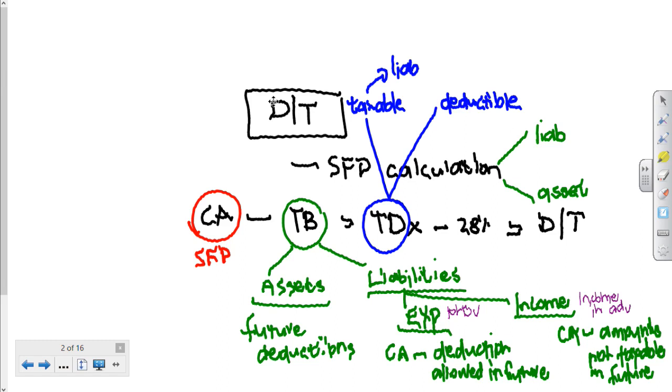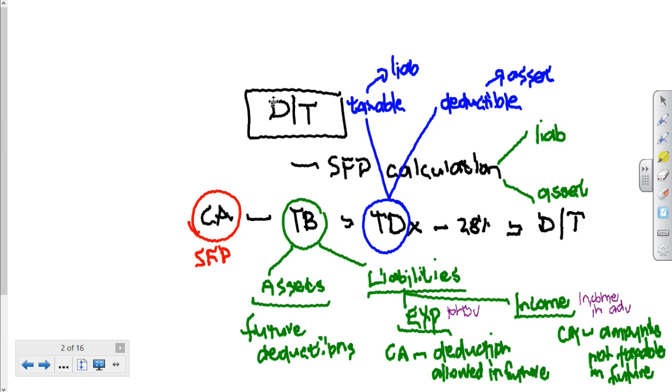Do you agree? An increase in a taxable temporary difference will result in a liability. A decrease will result in a liability being reversed. A deductible temporary difference results in an asset.